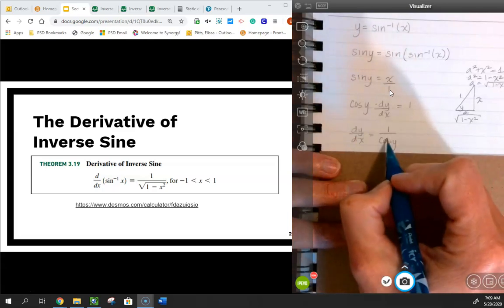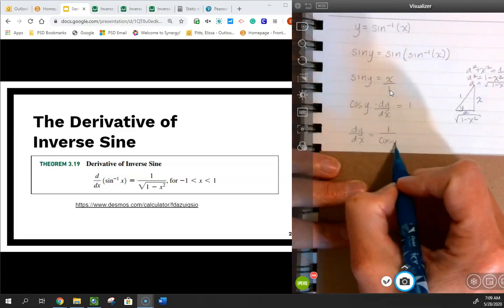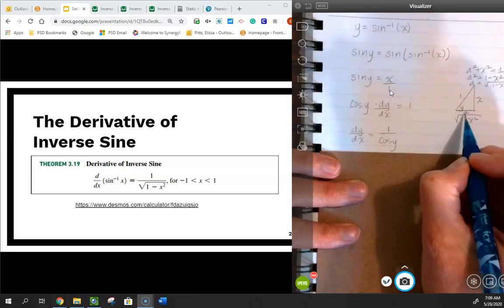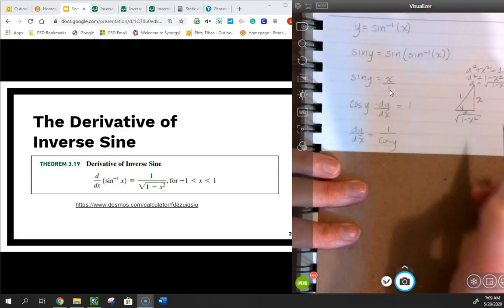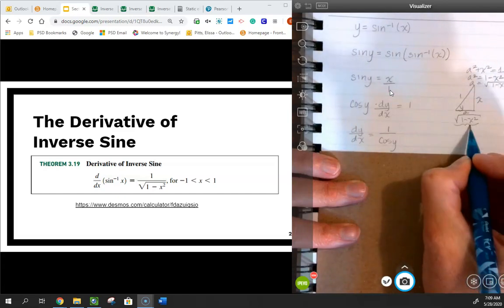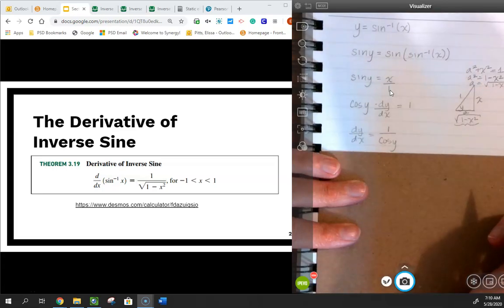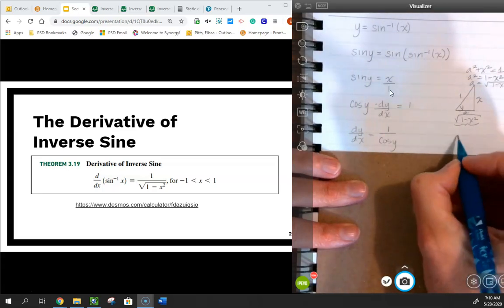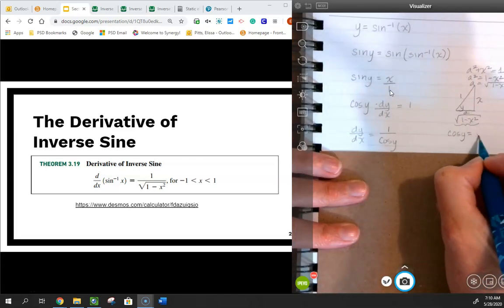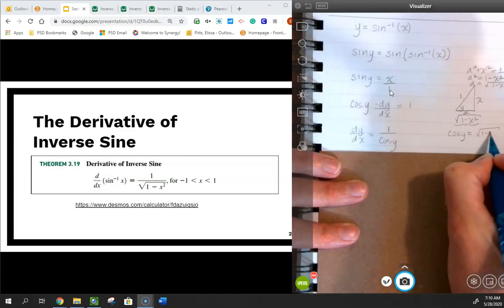So now I come down here and I want to figure out what cosine of y is. Well, cosine of y would be adjacent over hypotenuse. Our adjacent is the square root of 1 minus x squared over the hypotenuse, which is just 1. So cosine of y would be equal to the square root of 1 minus x squared.